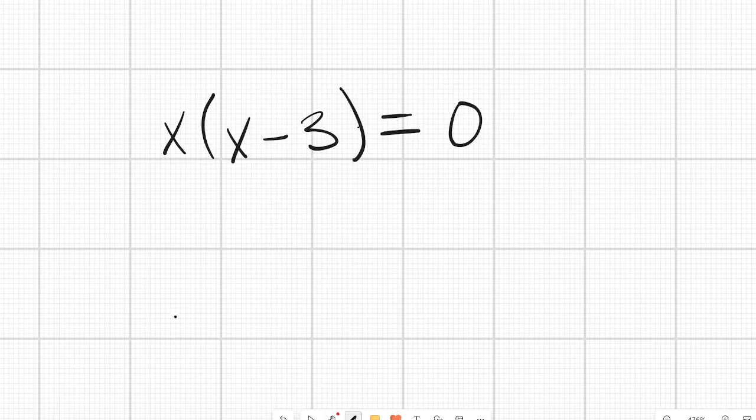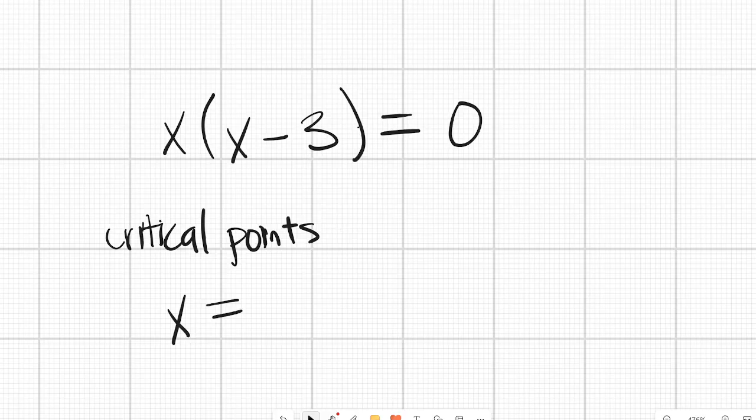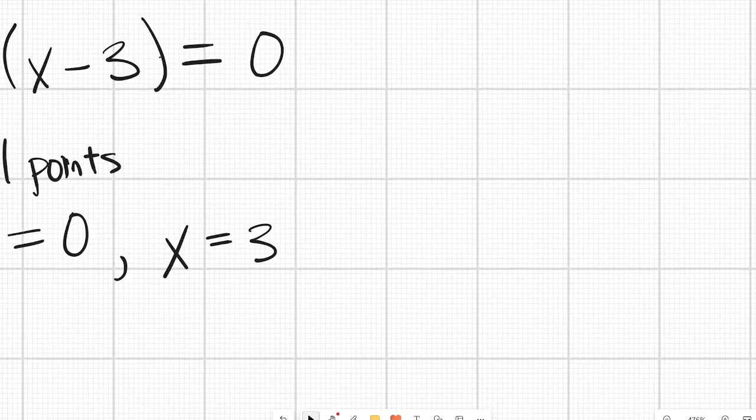So the critical points are x equals 0, and when we solve the other one, x minus 3 equals 0, we get x equals positive 3. So let's draw a number line.